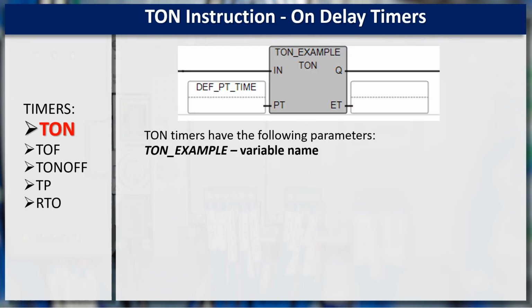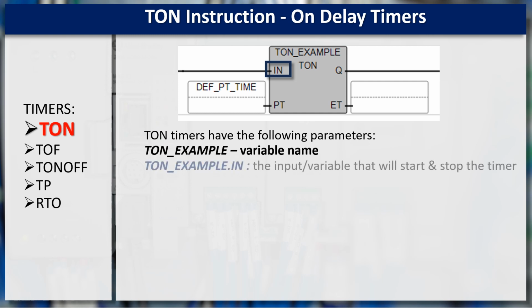TON instructions or on-delay timers are no different. They have to be set up to determine what to do and when to do it. On a typical instruction, you're going to have four variables that you have to take care of. The first one is the .IN. The name in this particular case of our timer is TON_example.